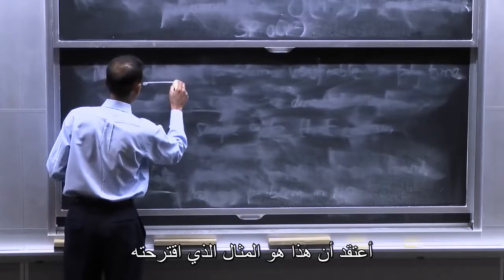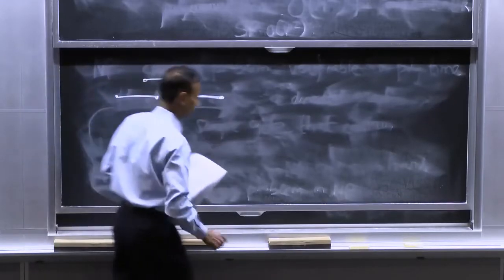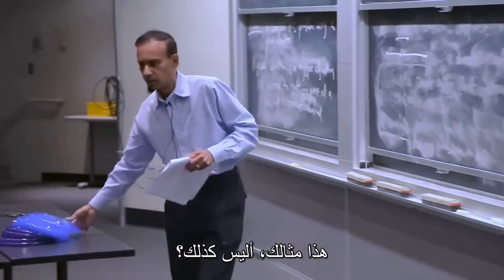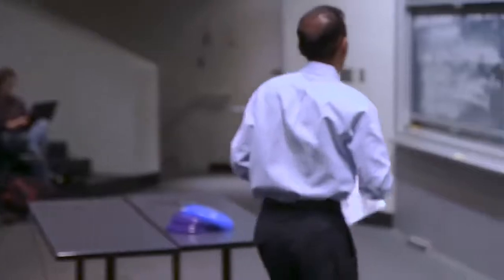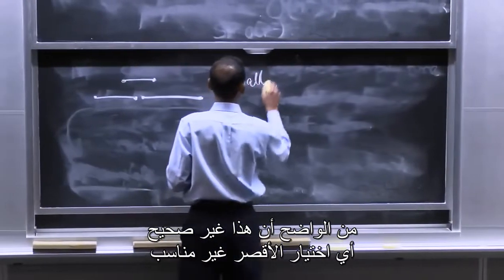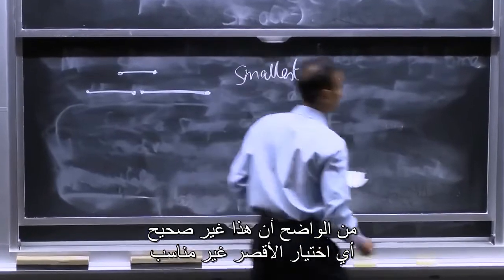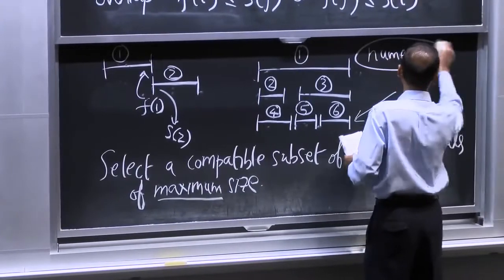But this is, I think, what you were thinking about. There you go, right? So that clearly doesn't work. So this one was smallest. Doesn't work. The suggestion here was numeric. Doesn't work.